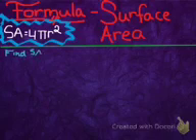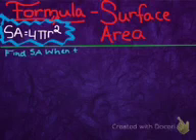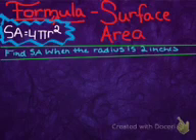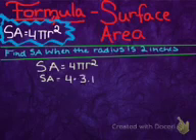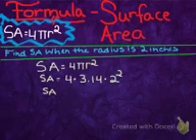Find the surface area when the radius is 2 inches. For surface area, you have the formula 4 times pi r squared, so surface area equals 4 times 3.14 times 2 squared.